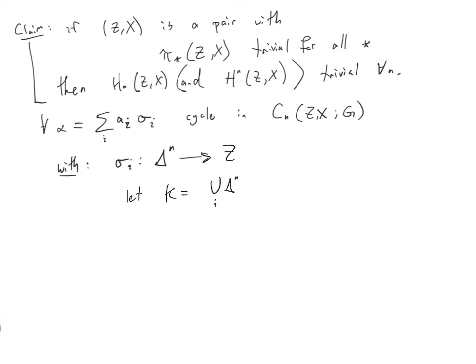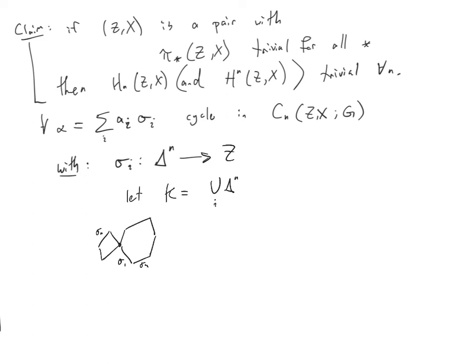Because this is a cycle, I've got all sorts of simplices. I'm drawing it in one dimension: here's sigma 1, sigma 2, etc., sigma n. It has to be a cycle, and now K looks like this.